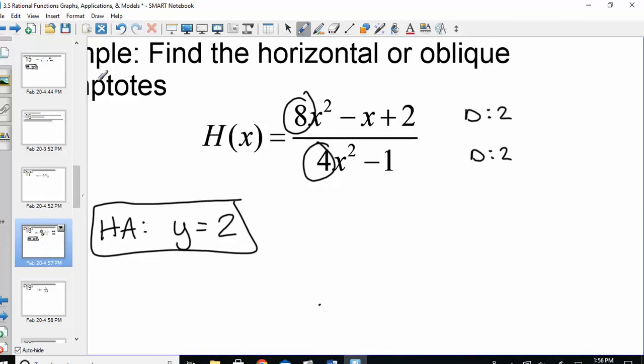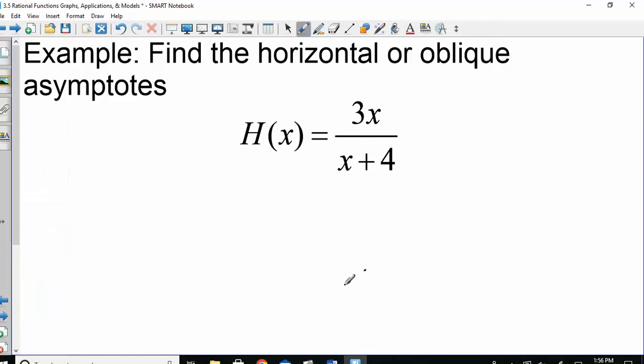Let's say I gave you, let's go ahead and do this one. What's the degree of the top?